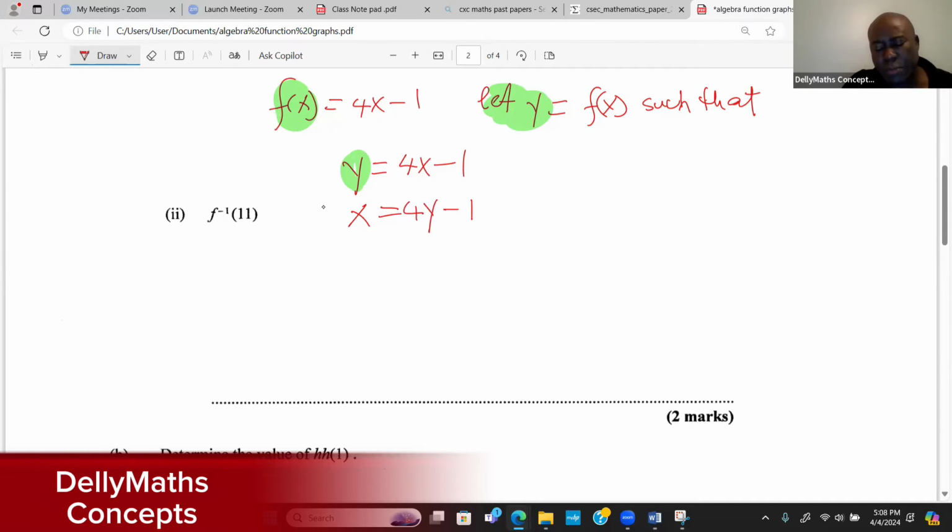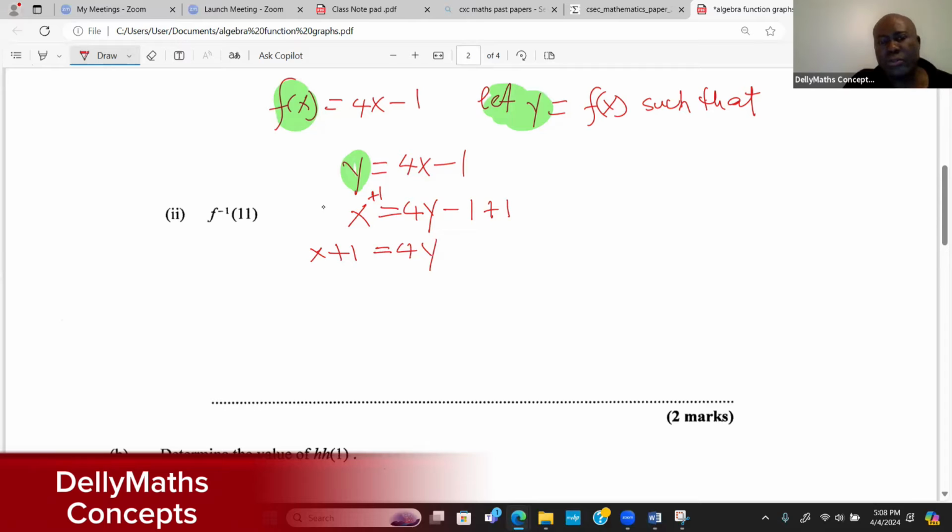Lastly, we're going to transpose to make y the subject. So x is equal to 4y minus 1. We're going to add 1 to both sides so that we get rid of that negative 1 on the right side. On the left side, I have x plus 1, and this is going to give me 4y.